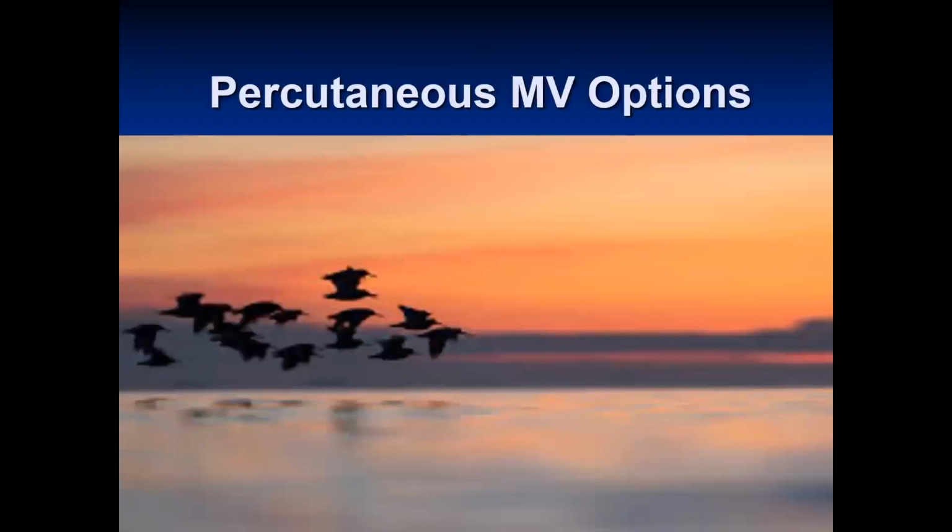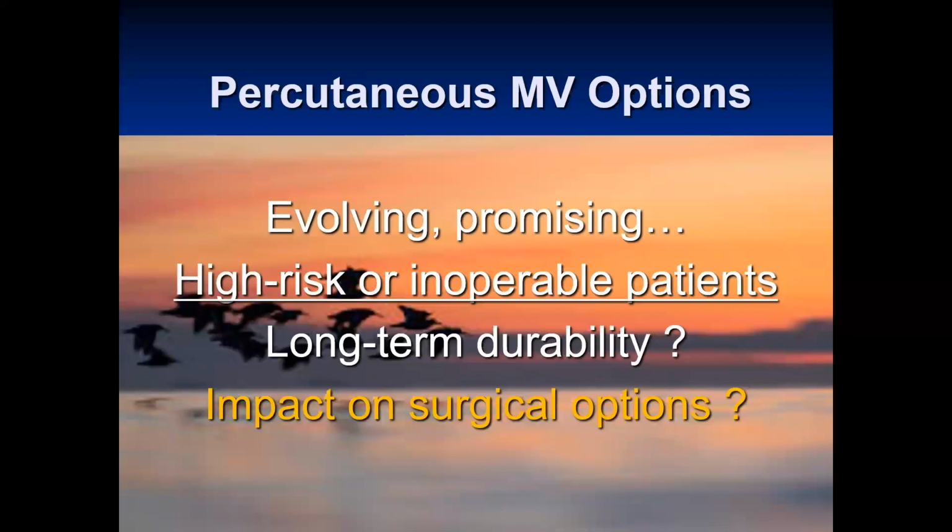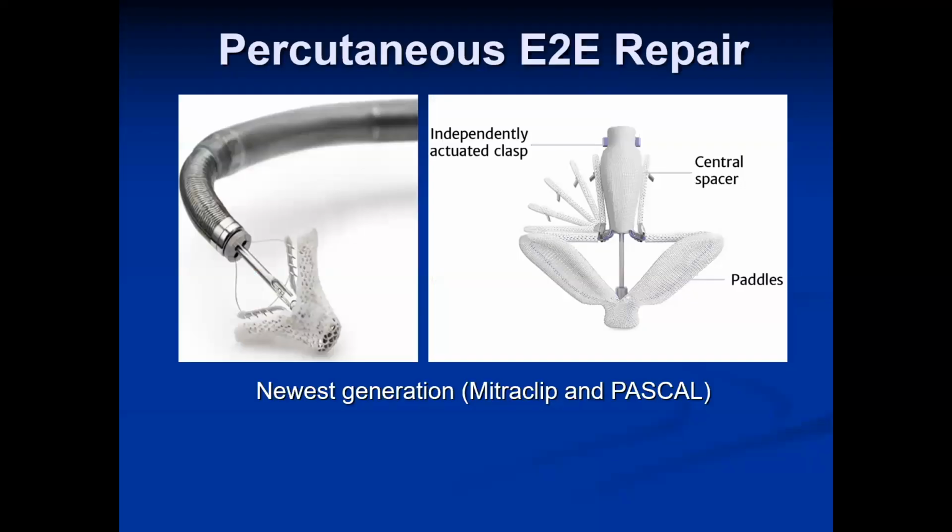But we're now at the dawn of a new era of transcatheter mitral valve repair options, and those are evolving. They're promising. They're indicated for high-risk or inoperable patients, but we still need to establish long-term durability. Most of the reported data is on the order of 3 to 5 years. And we need to think through whether or not they impact surgical options.